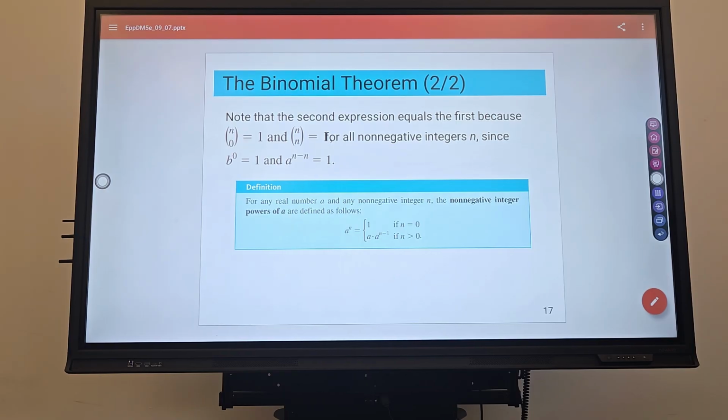So for any real number a and any non-negative integer n, the non-negative integer powers of a are as follows. a to the n equals 1 if n equals 0, and a times a to the n minus 1 if n is greater than 0. It's a recursive definition there.